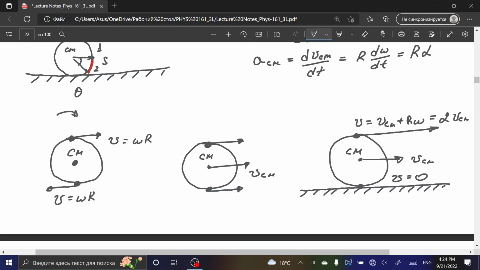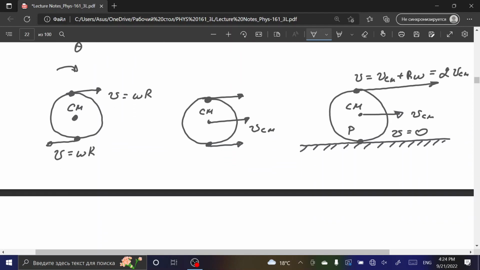So this point is quite important for us. Let us call it some point P. And now, at every moment of time, how could we represent a combination of rotational and translational motion with just rotational motion?